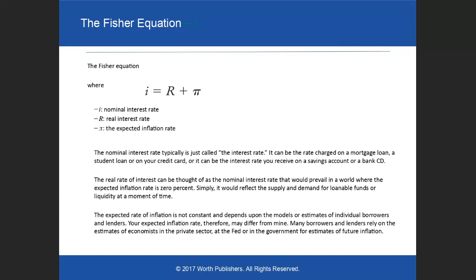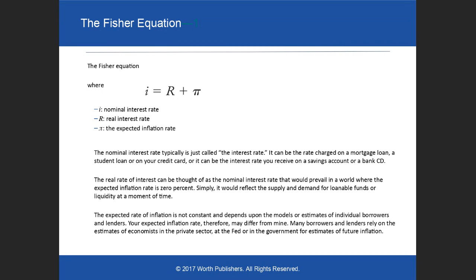The expected rate of inflation isn't constant, as we know, and it depends upon models and estimates of individual borrowers and lenders. So your expected inflation rate may be different from mine, which is obvious because we may be using different models. We'll talk about those models in 1 minute. Many borrowers and lenders rely on estimates by economists in the private sector, at the Fed, or the government. Something to keep aware of.